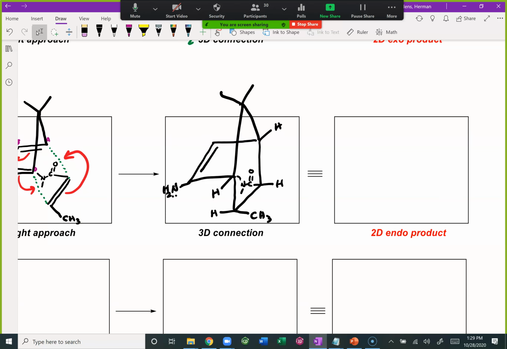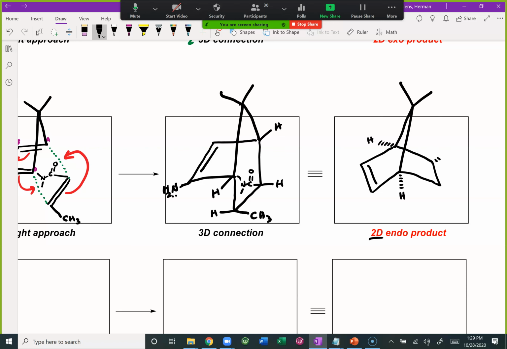So now, I'm gonna fix this up. Gonna make it look pretty. So I'll have that double bond here. And so for the 2D, you have to represent this as down. So in the 2D, you do wedges and dashes.